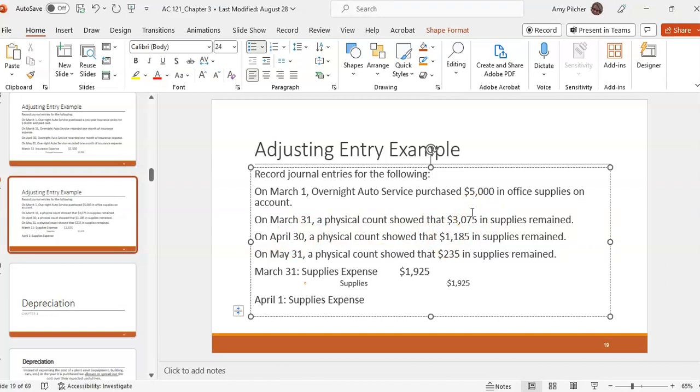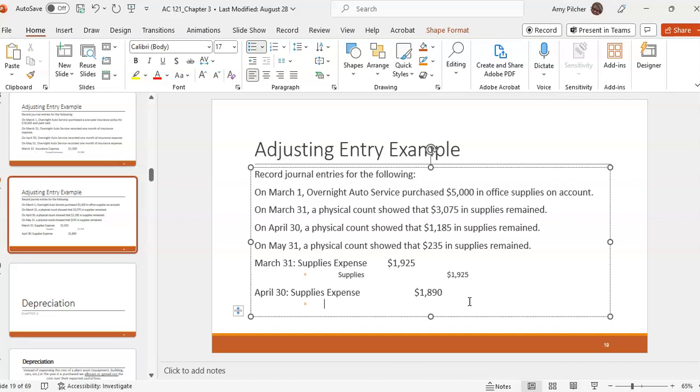So we take 3,075 and subtract our remaining 1,185, and we find that our supplies expense for the month of April, this is April 30th, is 1,890, and our credit for that would be to supplies for 1,890.